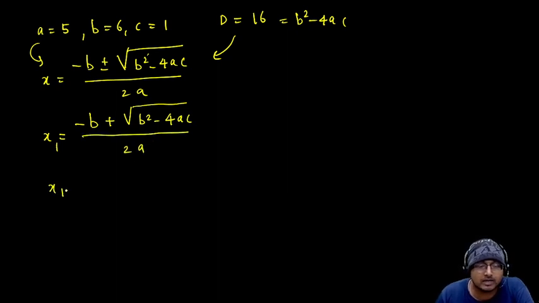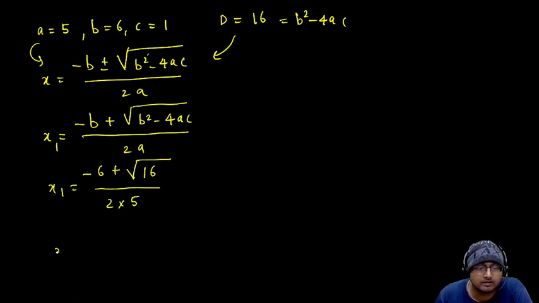So x1 will become minus 6 plus under root of b square minus 4ac, whose value is 16. That is the discriminant we have already found, 16, divided by 2 into a, which is 5. So x1 is equal to minus 6 plus root 16. What is the root 16 value? Is it 4? Yes, it is 4, plus 4 divided by 2 into 5, which is 10.